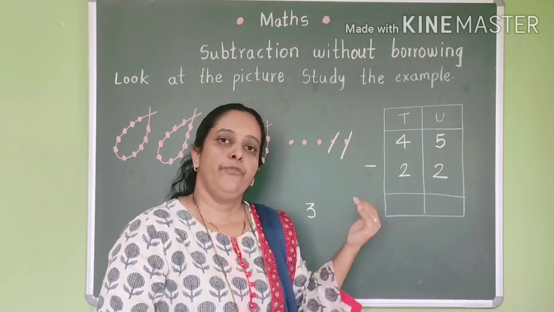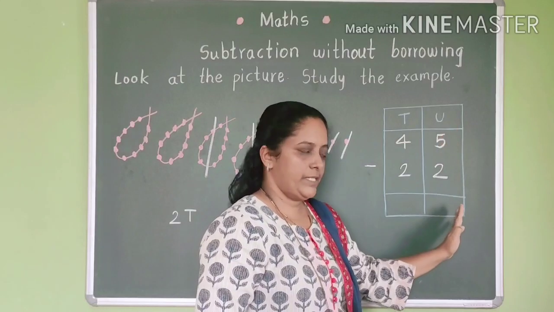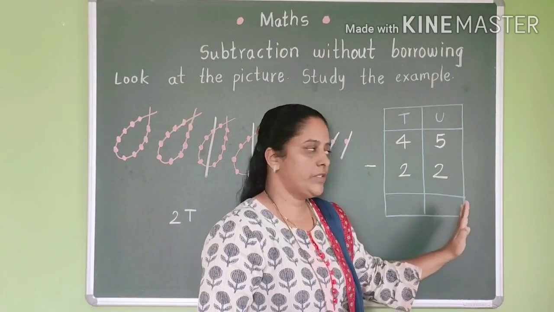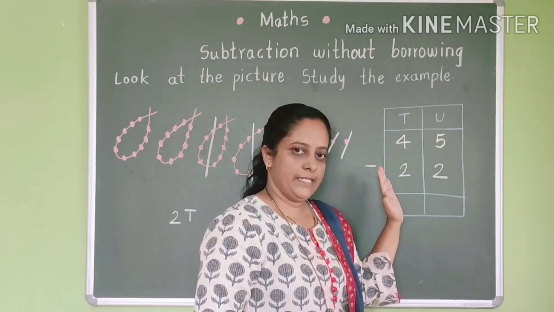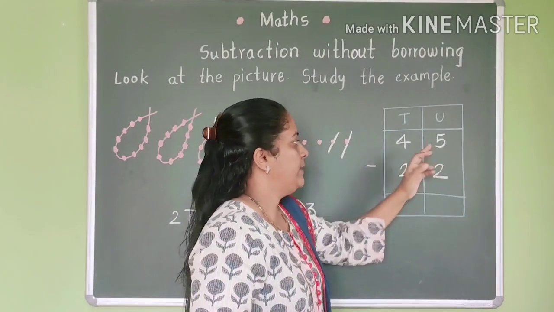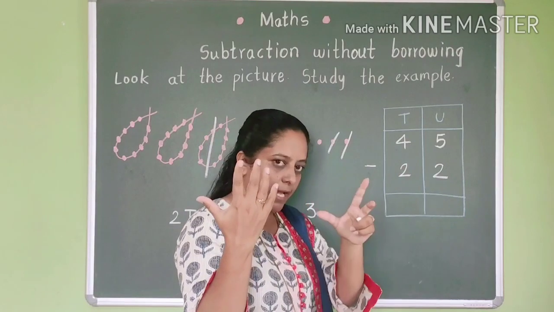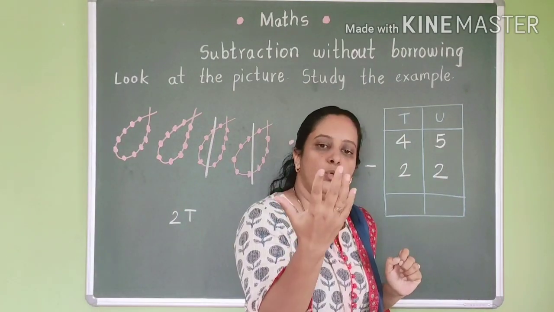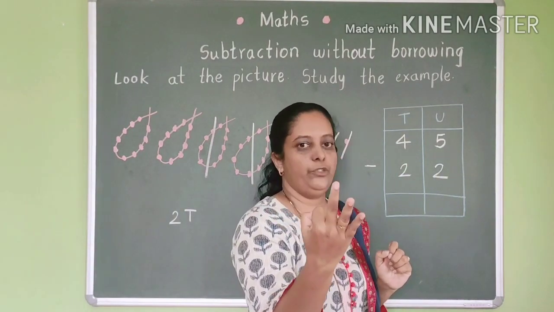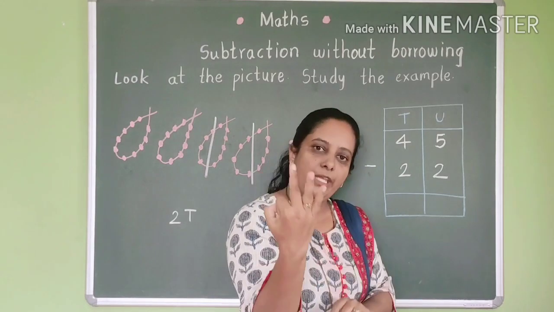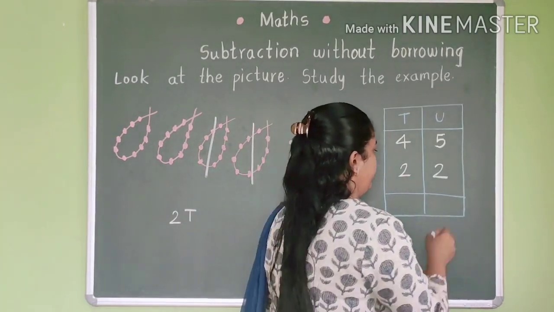Subtract the numbers. We start from units. We start the numbers first from units and then tens. So let's subtract. There are 5 and we have to take out 2 from 5. We are taking 2 from 5 and we get 3.